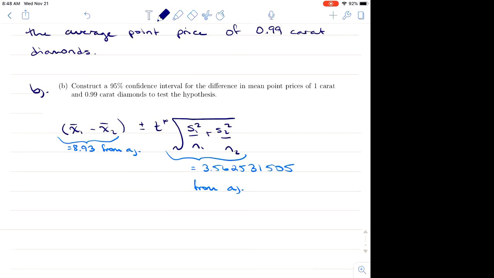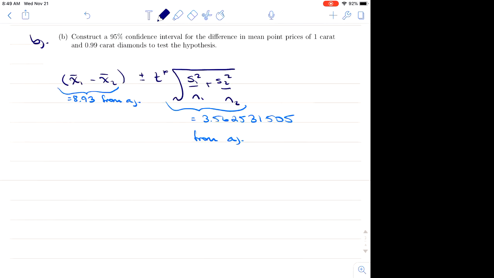So the only thing that we need to make this confidence interval is our T star. So we find our T star using table C, with degrees of freedom equal to, and again, I'm just going to say the minimum of N1 minus 1 and N2 minus 1, equal to 22, because I've already shown my work once.